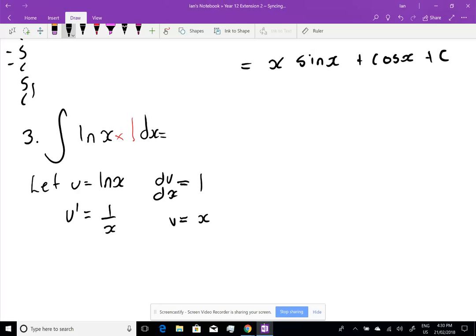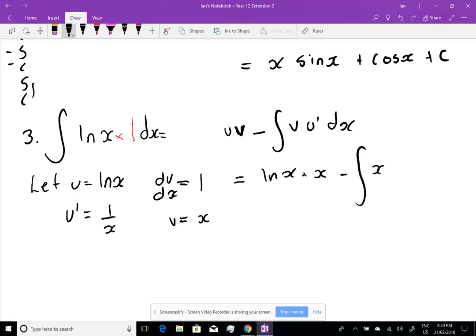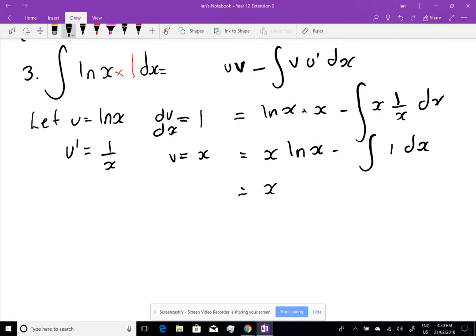So here, uv minus the integral of v u dash dx. My u is ln x, my v is x, and I've got x times 1 on x dx. So here I'll put the x in front, x ln x, minus the integral. Those x's will cancel, so I've just got 1 dx, which gives me x ln x minus x plus c.